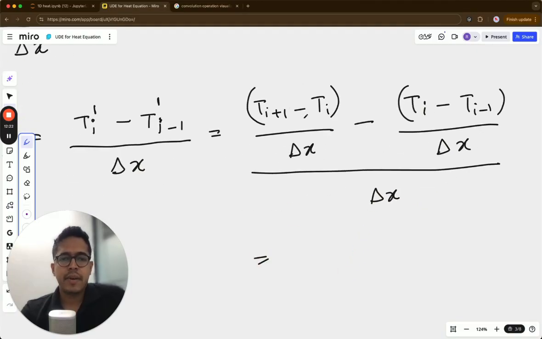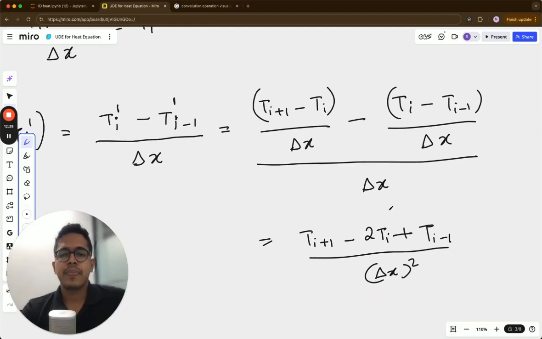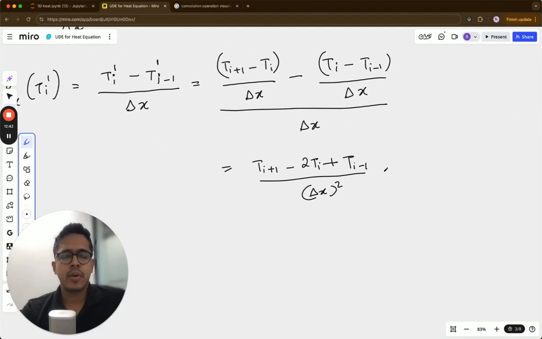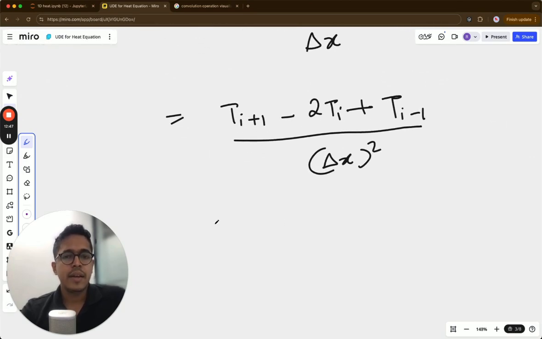So if I expand the numerator, it would look like (Ti+1 minus 2Ti plus Ti-1) divided by delta x square. So this is how the numerical approximation of ∂²T/∂x² can look like. So what does this stencil look like? If it is a stencil of 3 weights, it will look like 1, comma, minus 2, comma, 1.